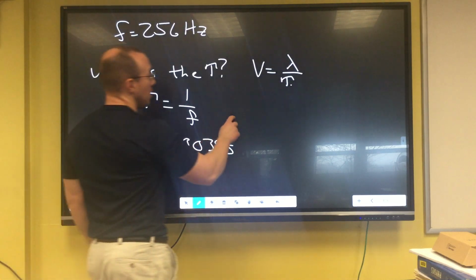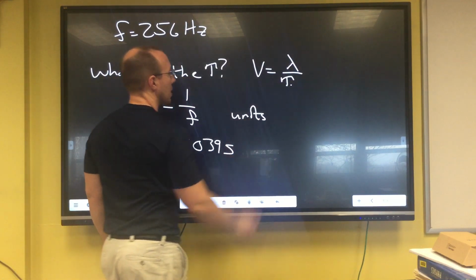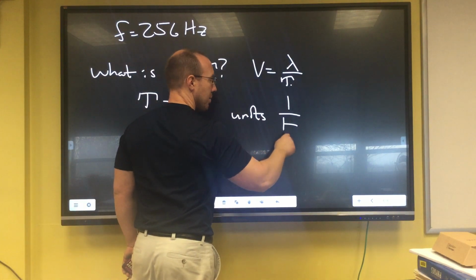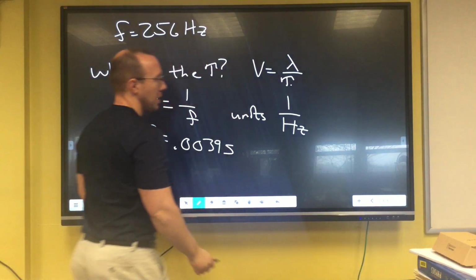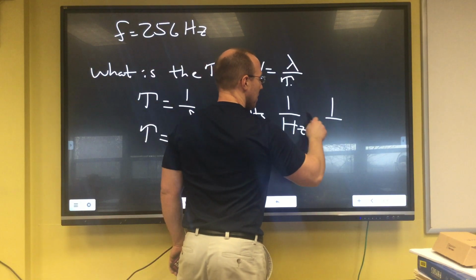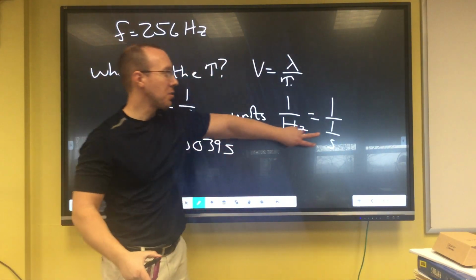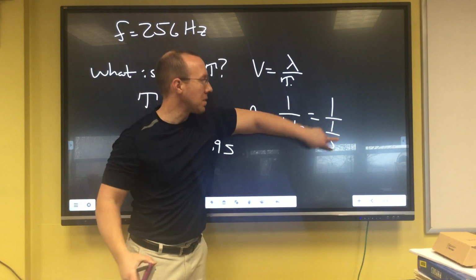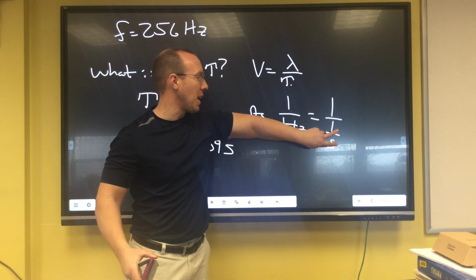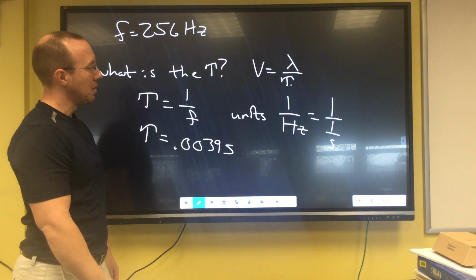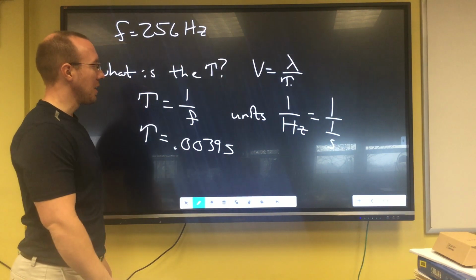If we take a look at the units, right here, we would have 1 over hertz. And if you recall, hertz is 1 over seconds. So it does the flip, right? When you divide, you multiply by the, I forget, what's it called?